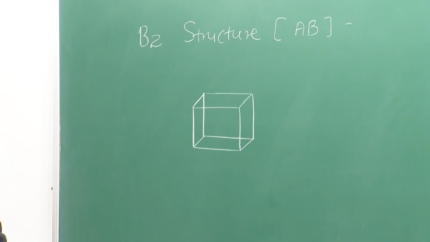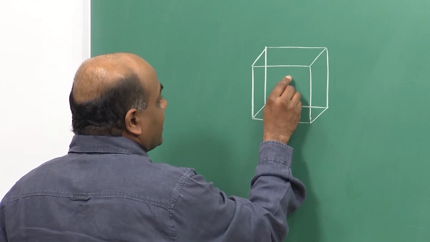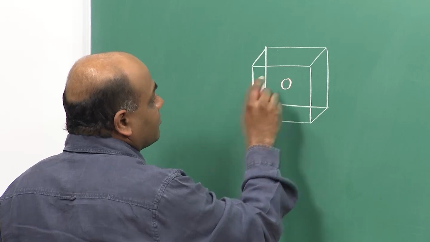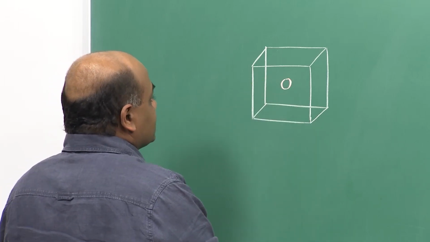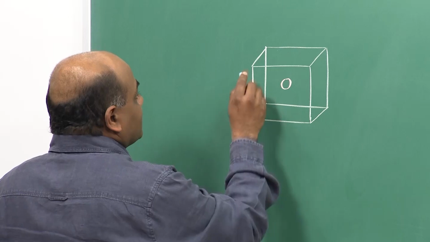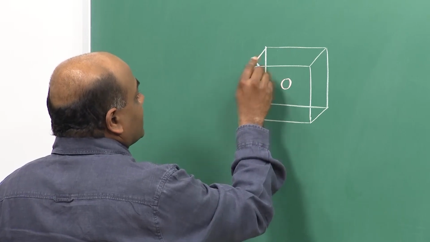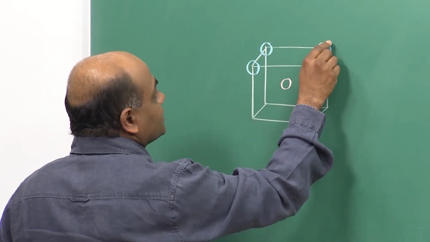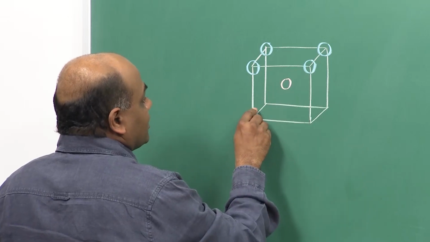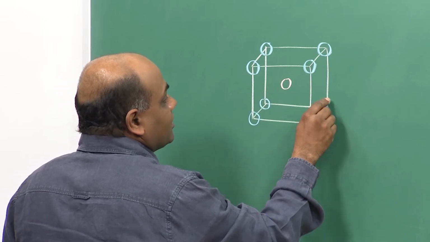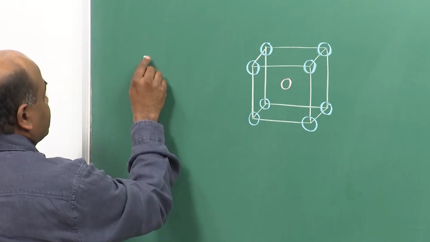In this case I am denoting type A atom, which is located at the body center, with this red color, and the blue color on the corners are the type B atoms.